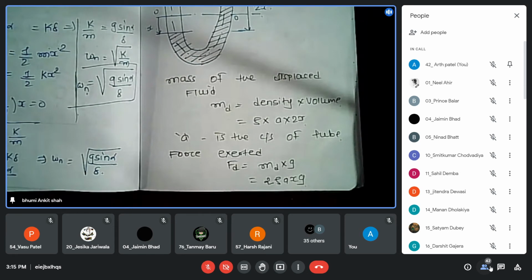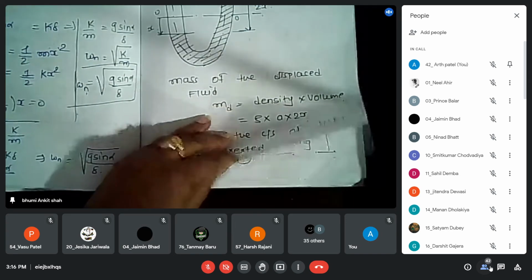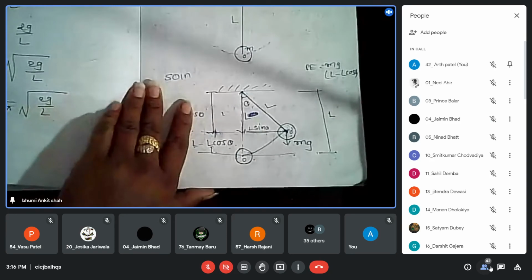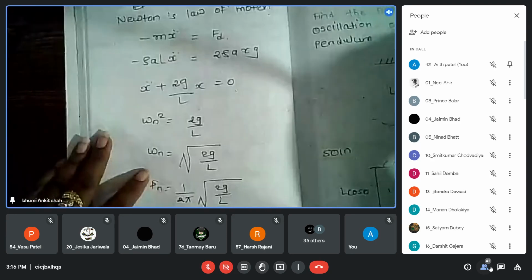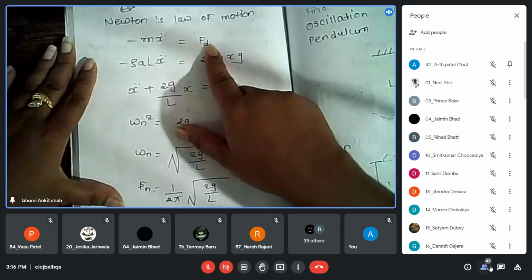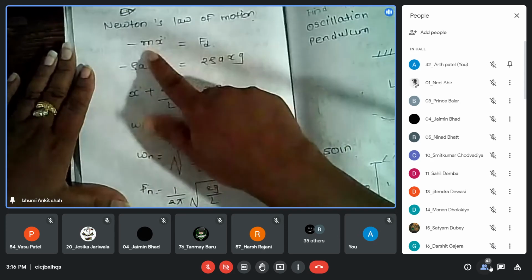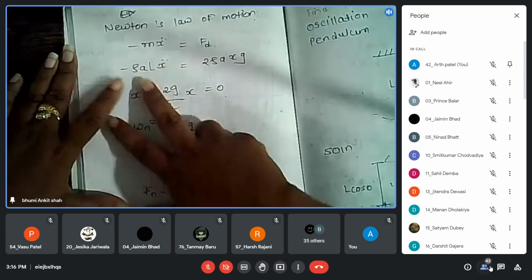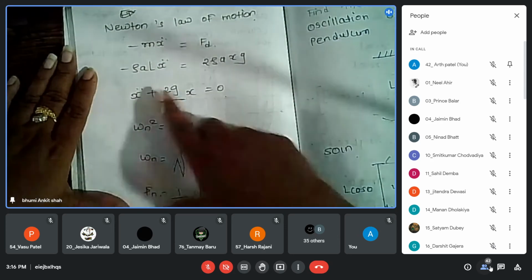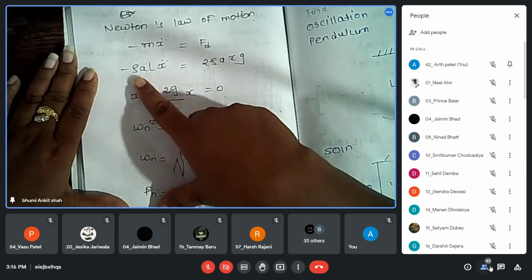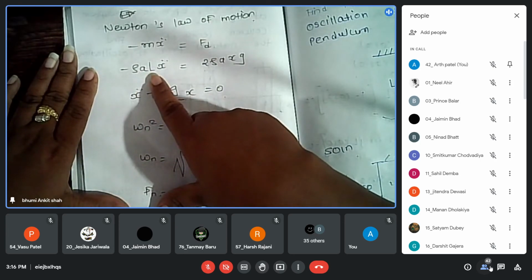Is it understood up to here? Yes, ma'am. Okay. Now we will see the external force on it. From Newton's second law of motion, you can write, this is the force exerted, and F is equal to m x double dot, right? What is m? If we see the m for the total liquid, it is rho into A into L, right?